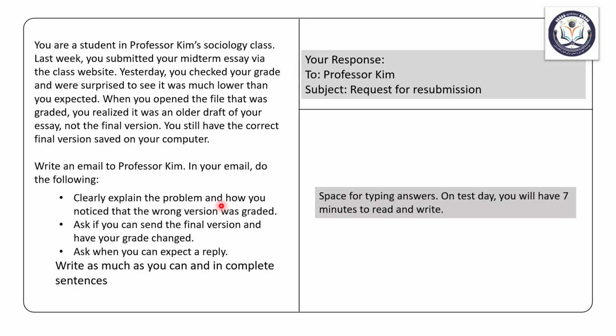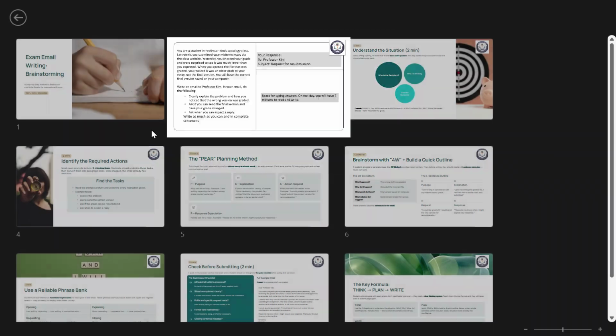Clearly explain the problem and how you noticed that the wrong version was graded. That is our first bullet point. Second, ask if you can send the final version and have your grade changed. Second bullet point, we need to answer in our email. Third, ask when you can expect a reply. This is the third bullet point, and this is the situation we have had.